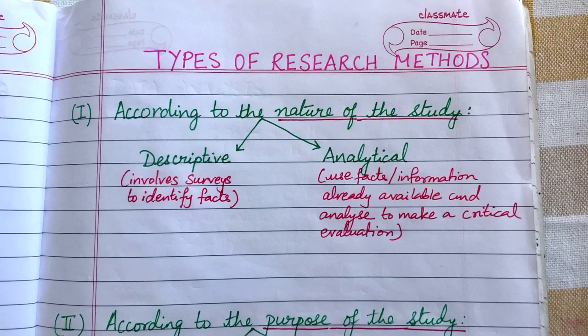So there is some critical work, observation, and analysis involved in analytical research. So basically, under this type of research method, which is according to the nature of the study, there are two types, descriptive and analytical.